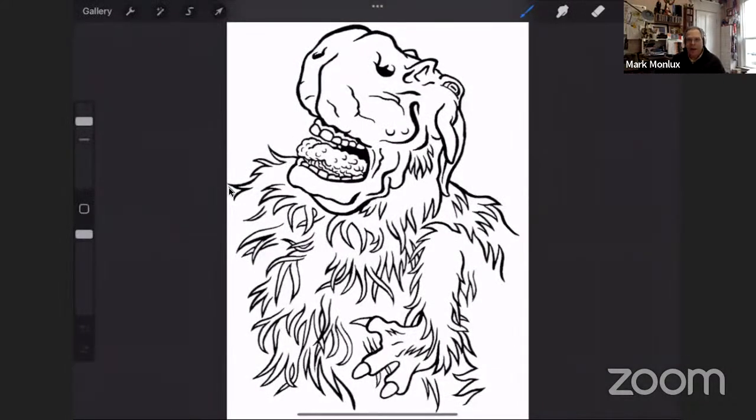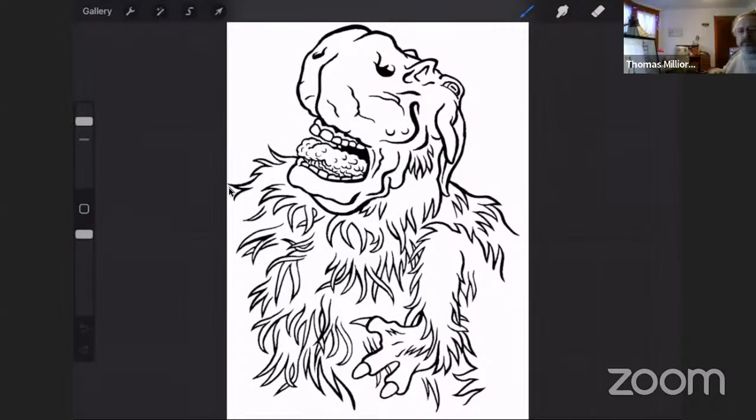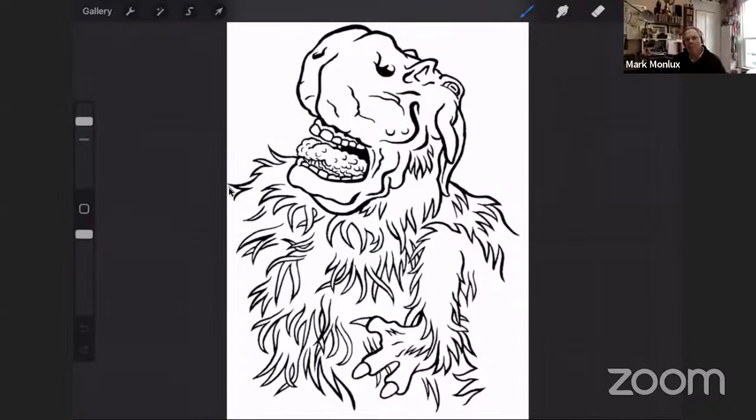This is called God Monster. I think this movie came out in the early 80s, and I think that's supposed to be some sort of sheep or bull, but I'll have to take a look at it again.